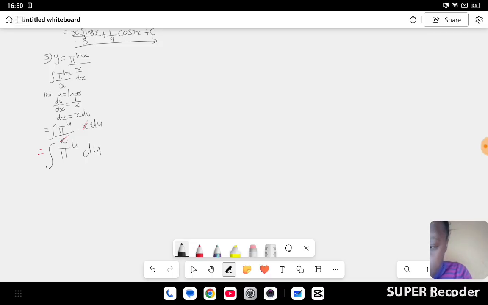So the integration of pi to the u is pi to the u divided by ln pi plus c.